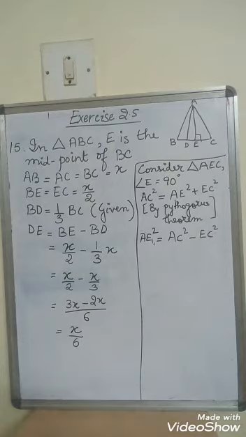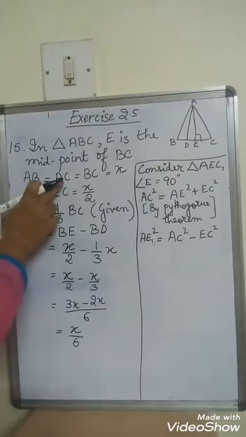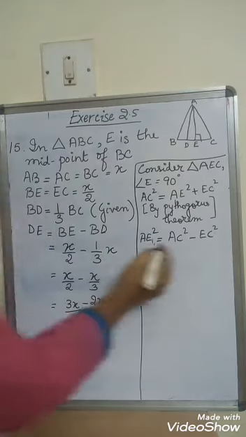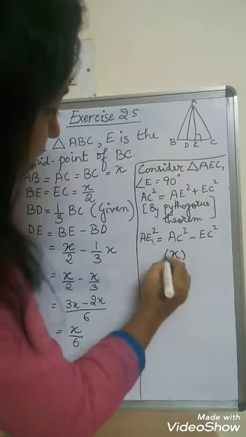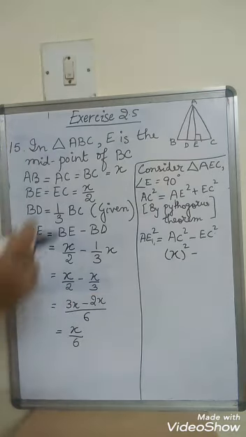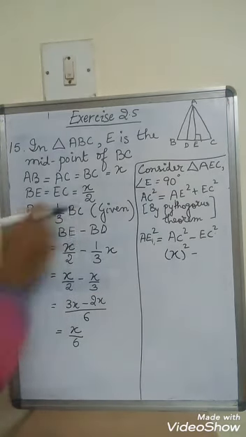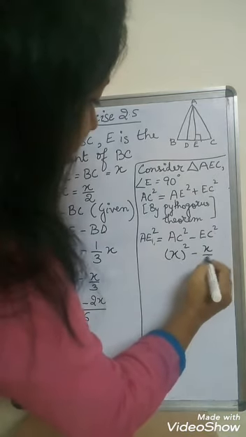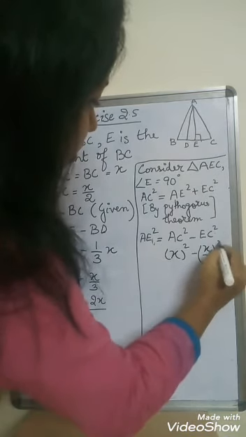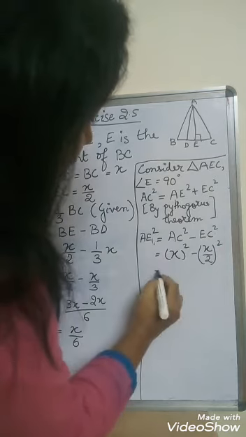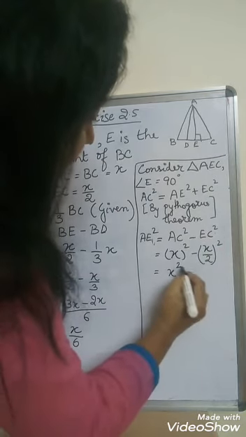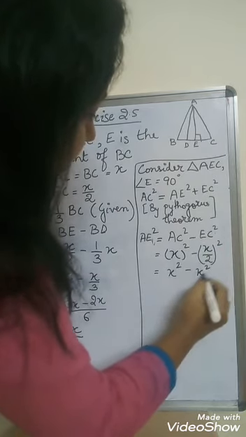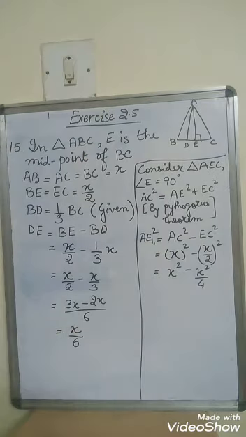Now we have already found the value of AC. AC is X. So X square minus EC square, and EC is X by 2, whole square. When we solve it, it will come X square minus X square by 4.